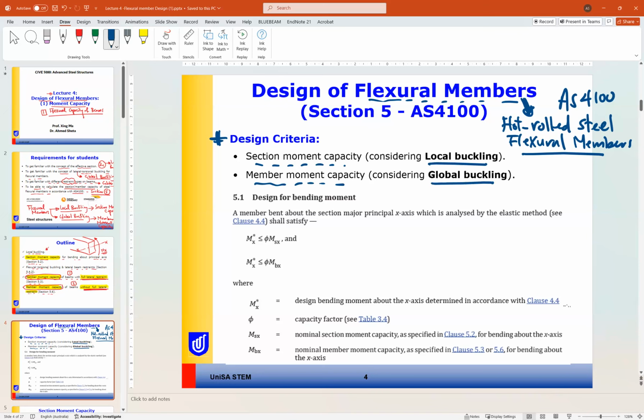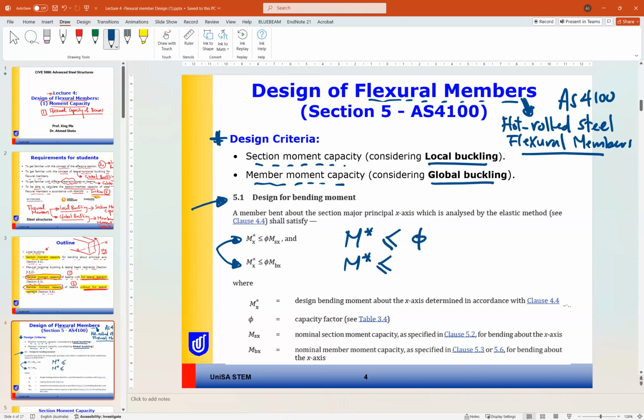So if we go to the standard, section 5.1, to design a flexure member like a beam under bending moment, the applied moment or the design moment, M star, should be less than or equal to both values.